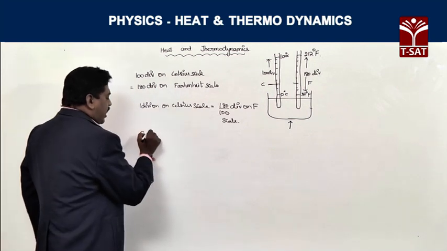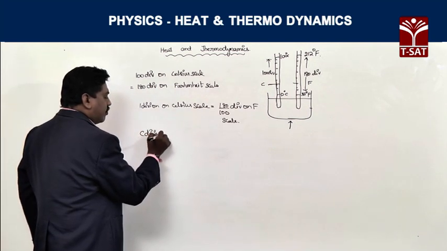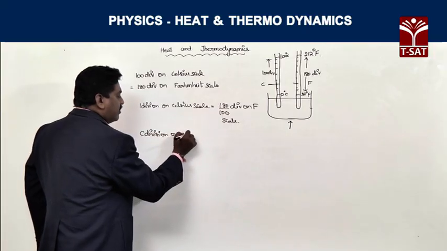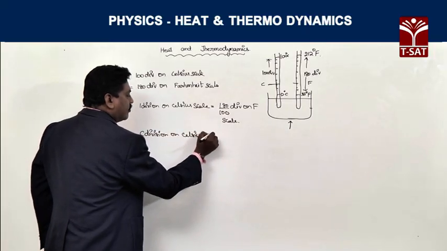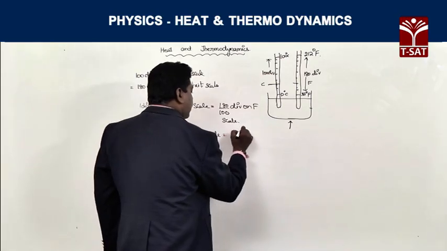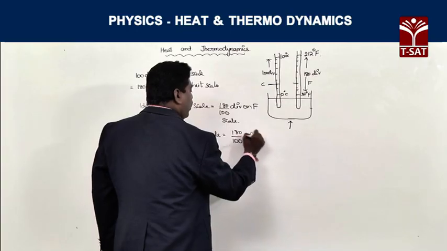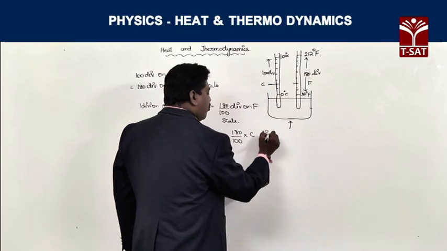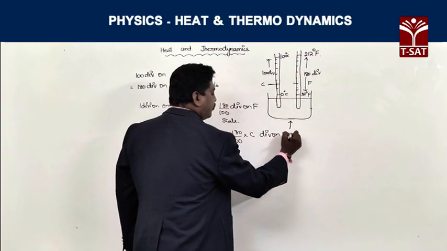C divisions on the Celsius scale is 180 by 100 into C divisions on the F scale.